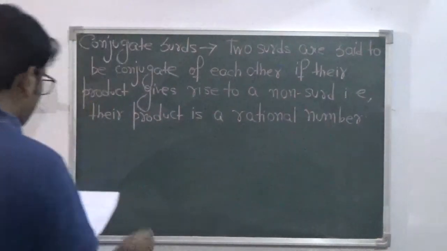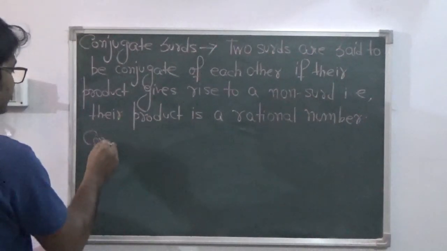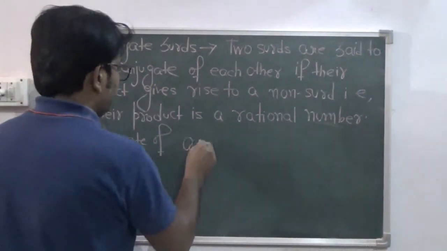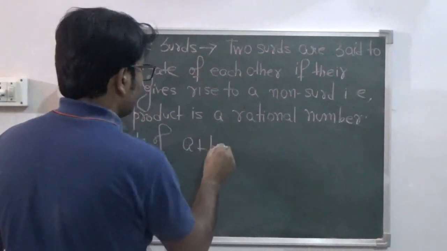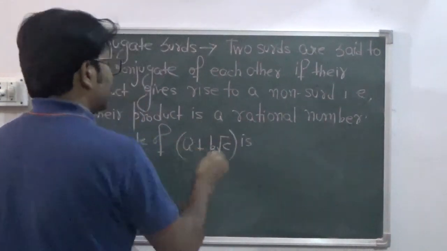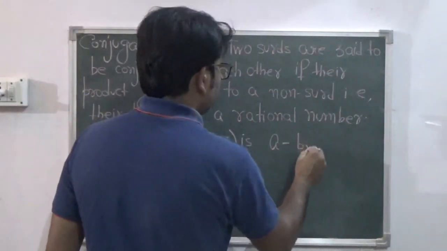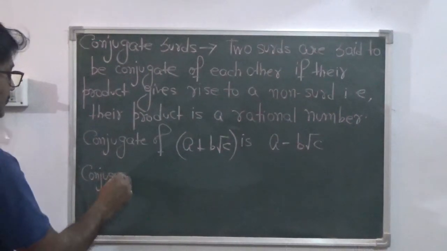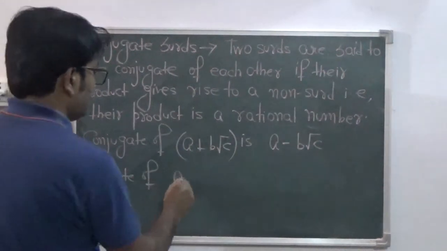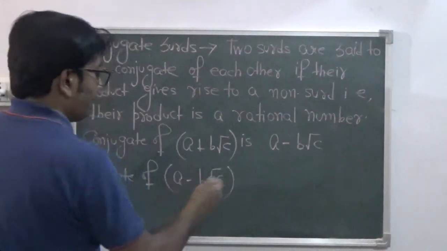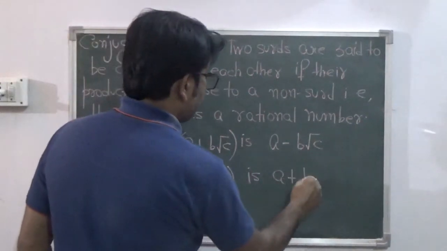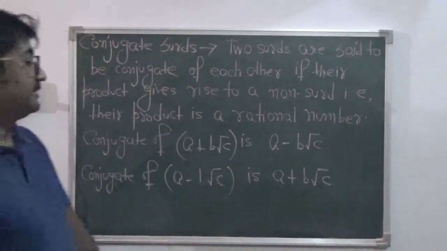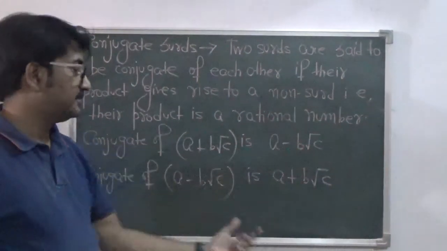Okay, now the conjugate of A plus B root C is A minus B root C, and the conjugate of A minus B root C is A plus B root C. This is very important here to get the conjugate.